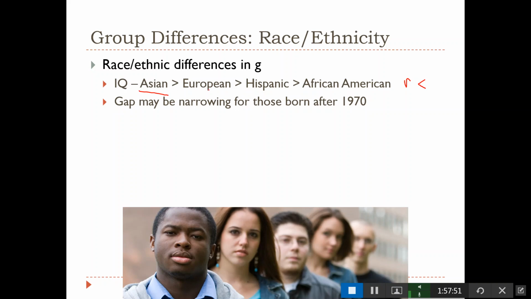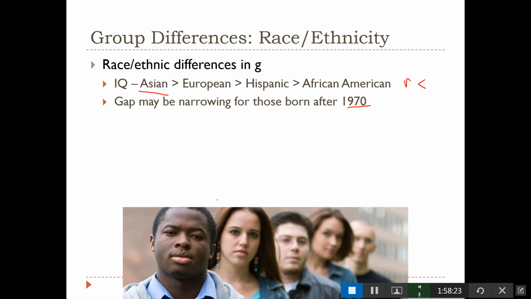The gap between these different races seems to be narrowing for anybody after the 1970s. So again, if you think about what was going on at this point, in the 60s, there were the civil rights movements, you know, mid 50s to 60s. And so now you might start to see shifts, whereas Latino individuals and African Americans might have been treated differently than their white counterparts or their Asian counterparts.